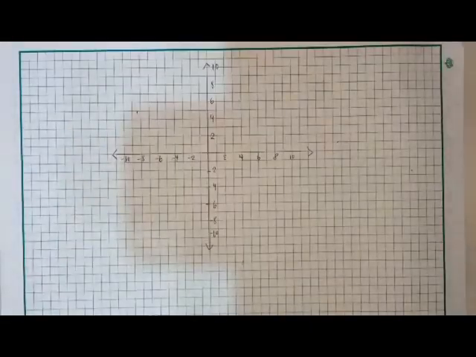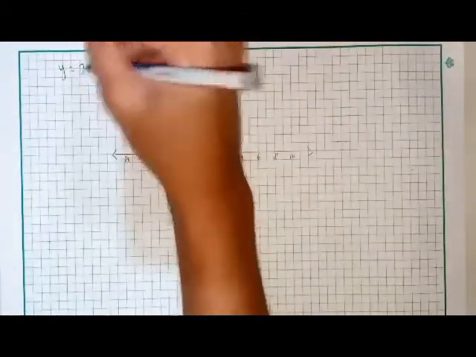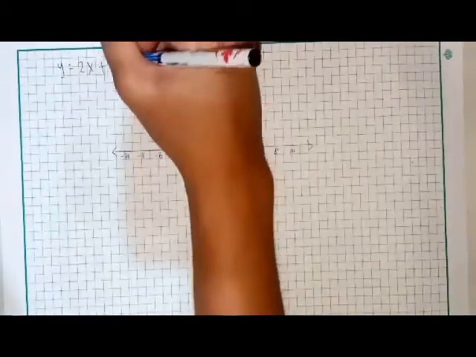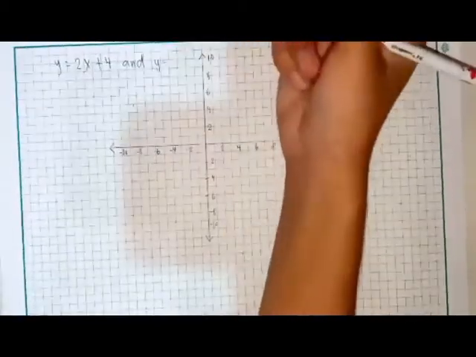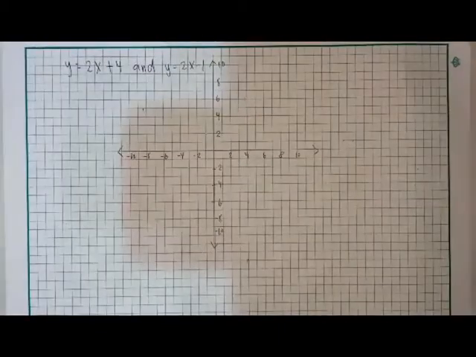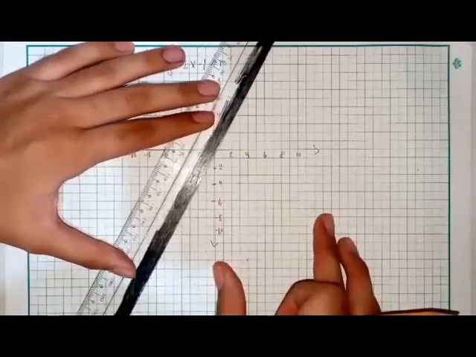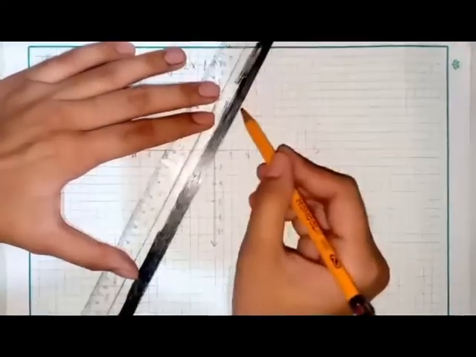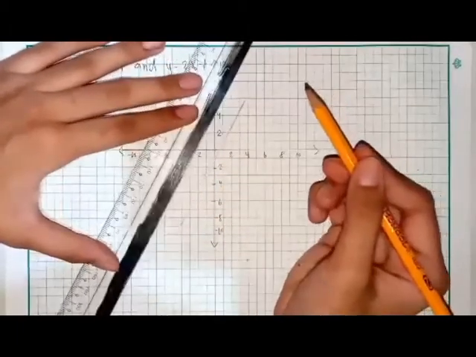Here is the first example of finding the shortest distance between two lines. What is the shortest distance between y equals 2x plus 4 and y equals 2x minus 1? First, you need to graph the two lines and determine the perpendicular slope, which is negative 1/2.